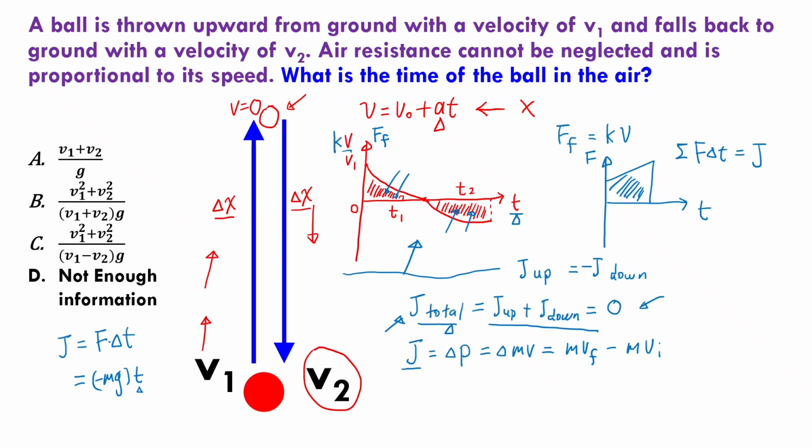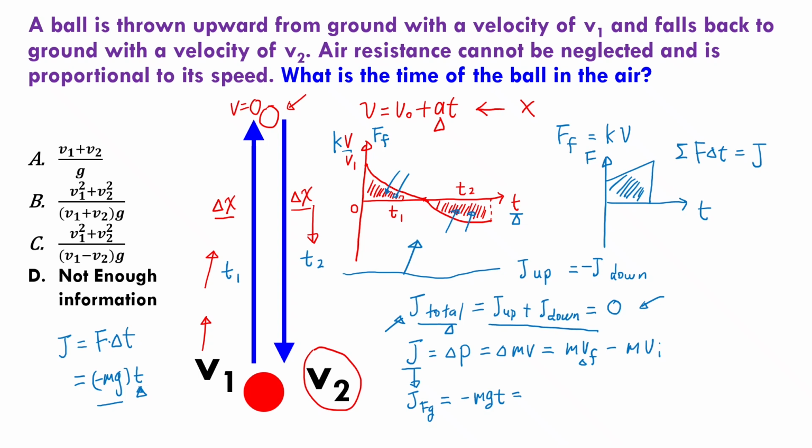Let's just use t to represent that. So the upward time is t1, the downward time is t2. We just consider the total time because gravity is a constant. So the total impulse during this whole motion only comes from the impulse of gravity, which equals minus mg times t. And then what is our final velocity?